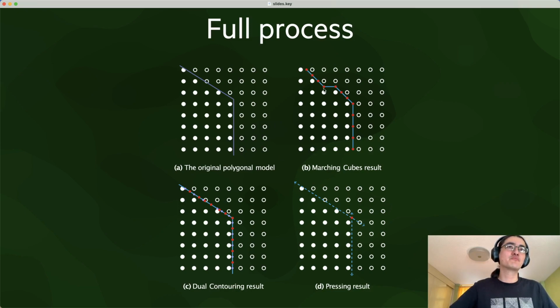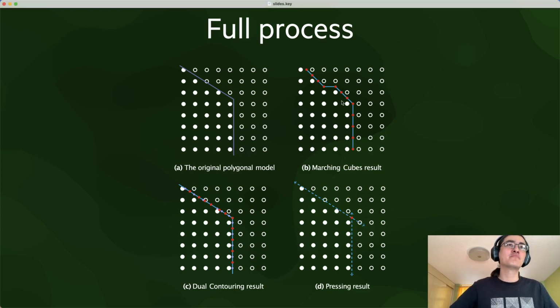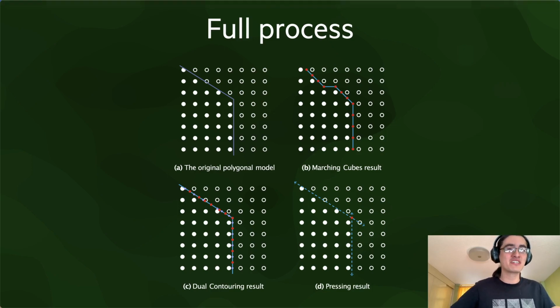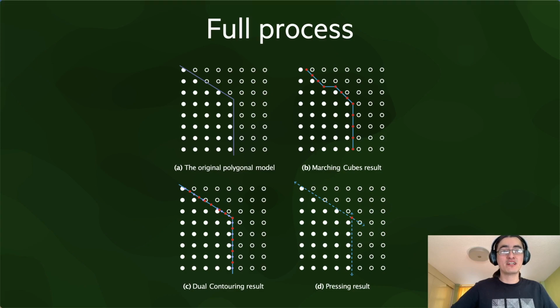When you do marching cubes, you get a nicer looking shape than what you're able to get if you only output the surfaces of the voxels. But it still has these angles that only match multiples of 45 degrees. Next, when you do dual contouring, you can do something better because you look at the intersections of these with the original model.